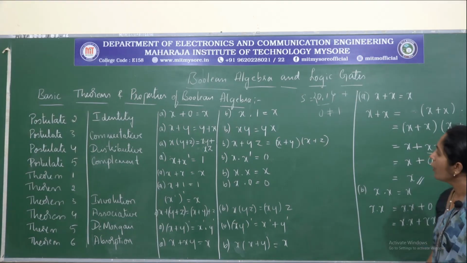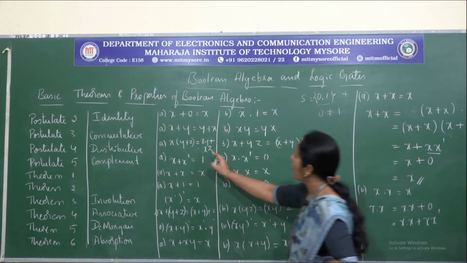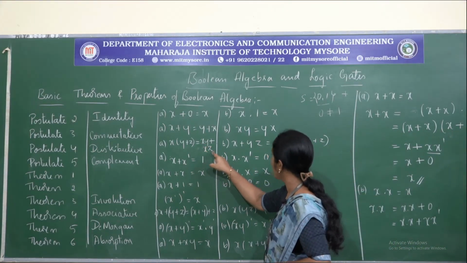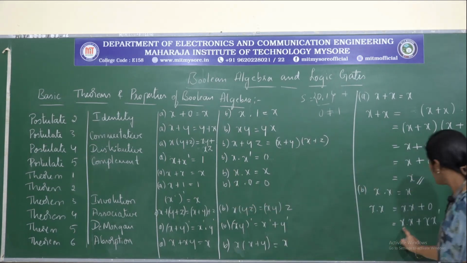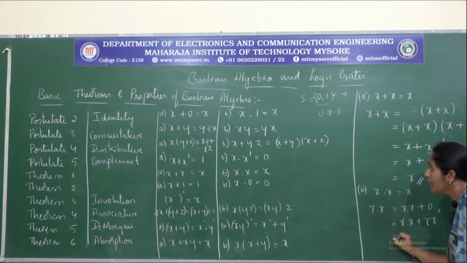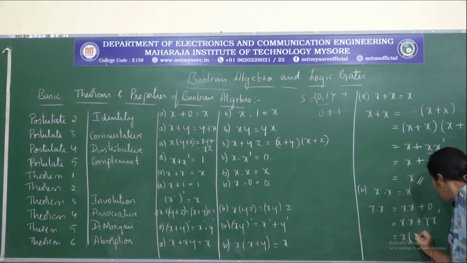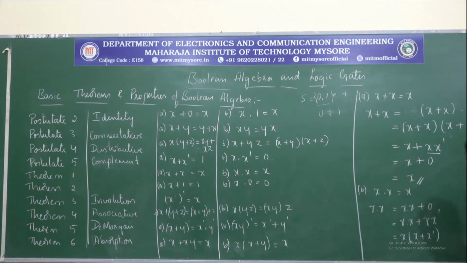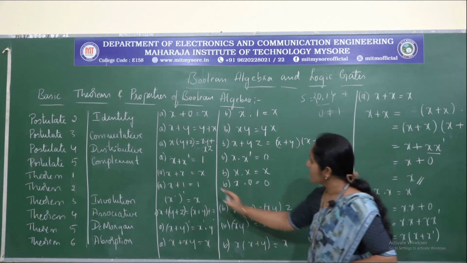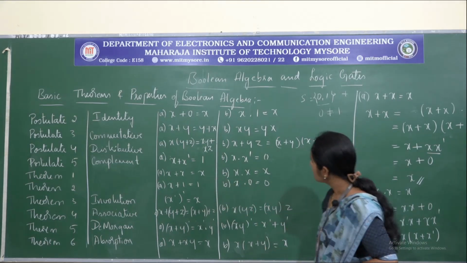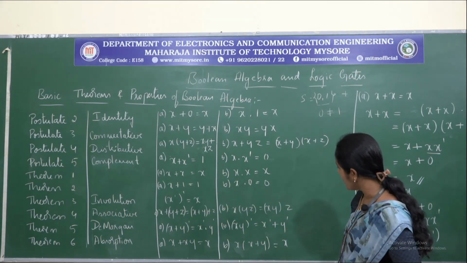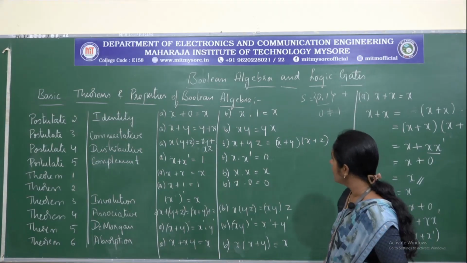Now let us consider postulate 4. We have the xy + xz format here, which can be written as x · (y + z).